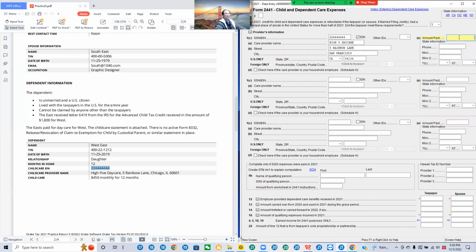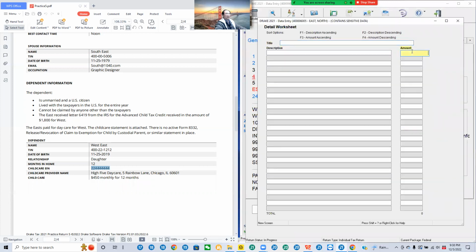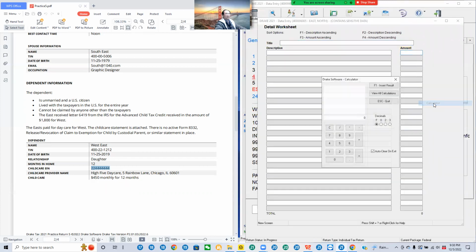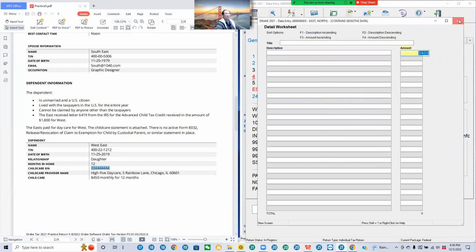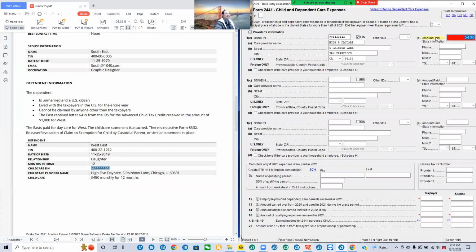Double click, click, right click, 450 times 12, enter. So sometimes they may have switch daycare, so that way they may have 2 daycare, but add together should be the same, as 5,400. Now in this situation, there is a phone number.